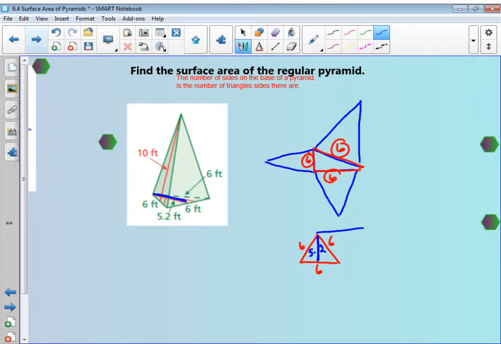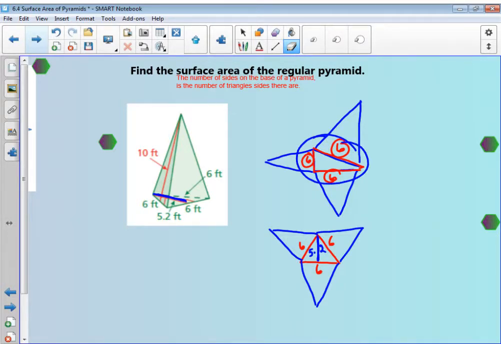So then coming off of each of these sides, I have triangles. Like I said, ignore how hideously horrible I am at drawing triangles. So now I have a better representation. I kind of sketched one out so that I could see what was there and then realized that this here is actually a regular or an equilateral triangle.